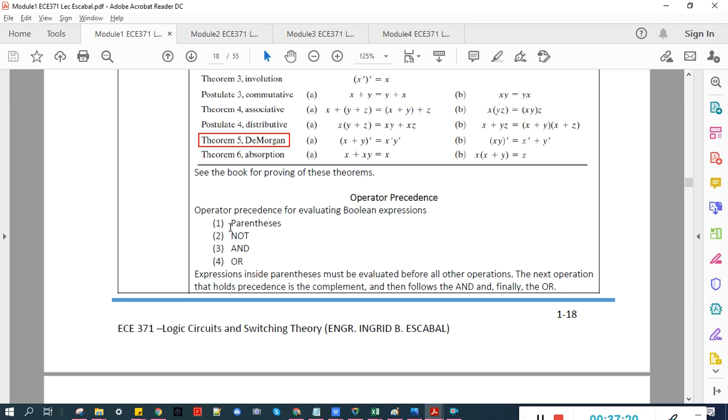The highest priority is the parenthesis, then the NOT operation, then the AND, then the OR. Expressions inside parentheses must be evaluated before all other operations. The next operation that holds precedence is the complement, which is the NOT, and then followed by the AND and finally the OR.